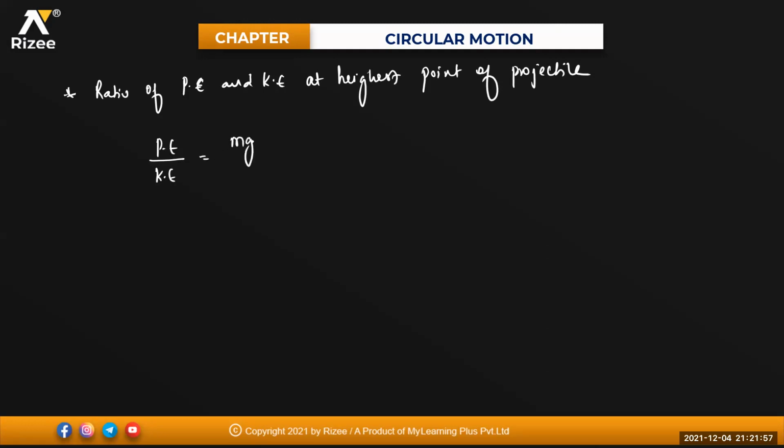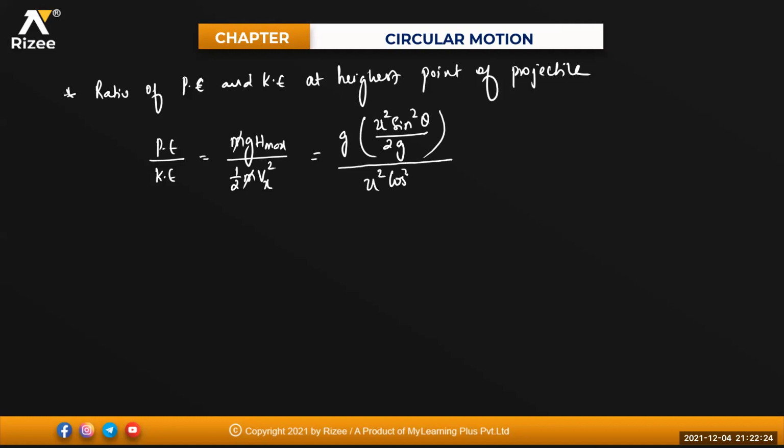Potential energy is mg h max at the highest position. Kinetic energy is (1/2) m v², where it has only the horizontal component of velocity at the highest position. m and m will get cancelled. The maximum height formula is nothing but how much, beta? u² sin² θ divided by 2g, divided by ux² at the highest position, which is u² cos² θ divided by 2.